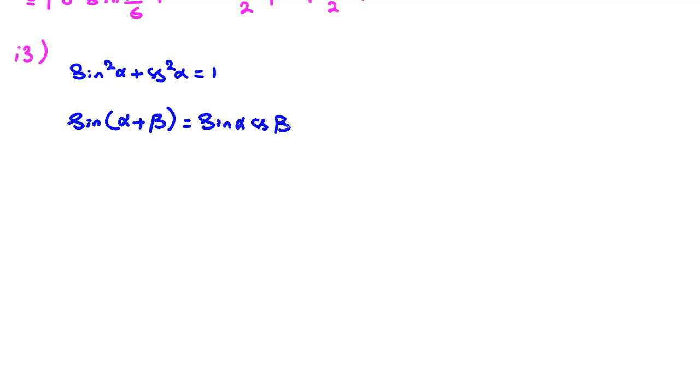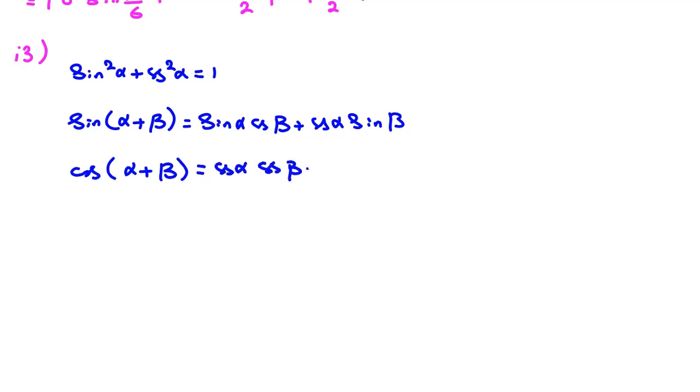Okay, for idea 3, you should know the first and most basic thing, sine squared alpha plus cosine squared alpha is 1. Then you should know sine of alpha plus beta, which is sine alpha cos beta plus cos alpha sine beta. The next one you should know: cos of alpha plus beta equals cos alpha cos beta minus sine alpha sine beta.